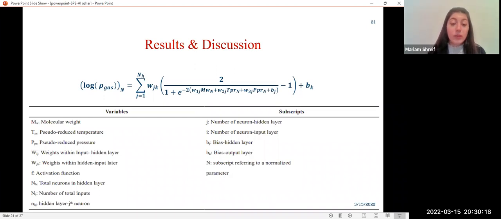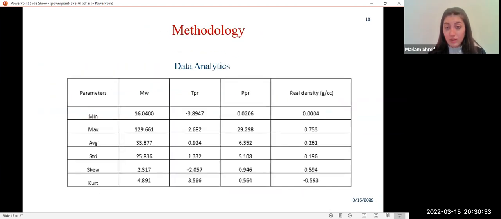So we provided a mathematical equation that can be used for future applications without the need to have any prior AI or machine learning knowledge. But of course, within the data range that we had in this study, which is between 0.004 gram per centimeter cubed and 0.753 gram per centimeter cubed.